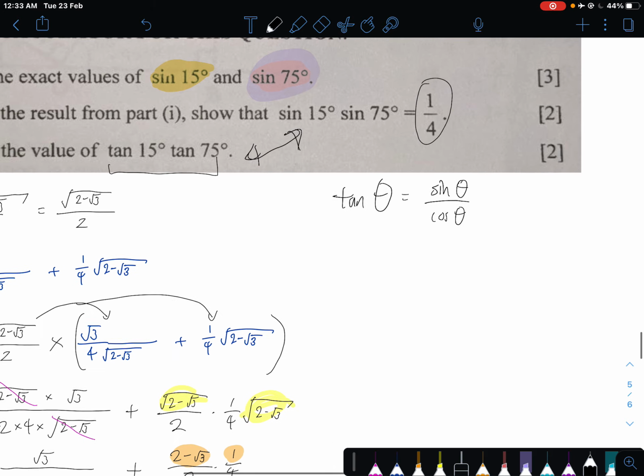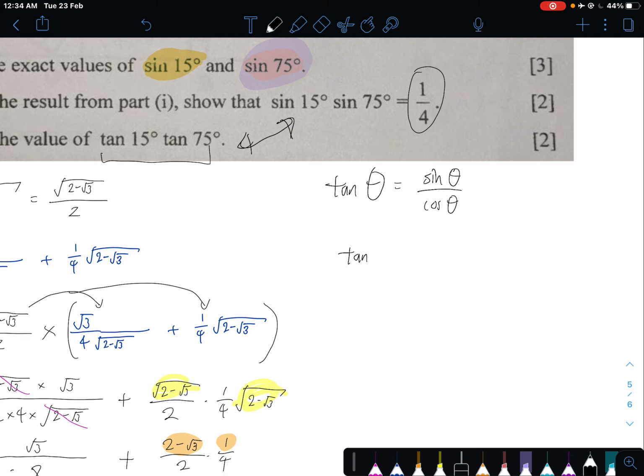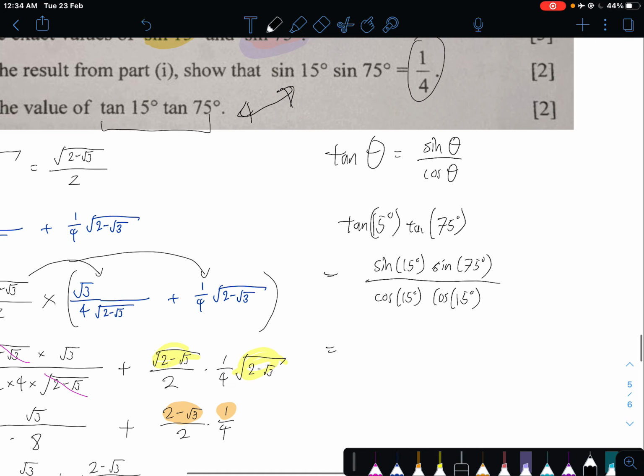So what this means is that when we want to find out tangent 15 degrees times tangent of 75 degrees, it's really just sine 15 degrees times sine of 75 degrees, all divided by cosine of 15 degrees times cosine of 75 degrees.